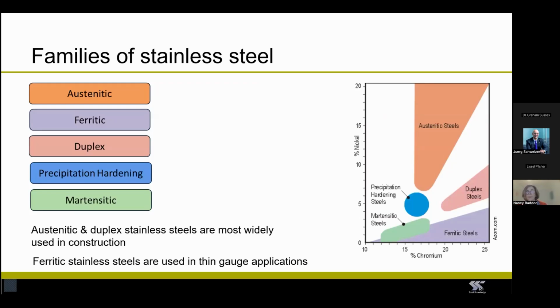Each of these families has different alloying element combinations. Chromium, molybdenum, and nitrogen are the primary alloying additions for increased corrosion resistance. And you need the nickel for improved formability and weldability.